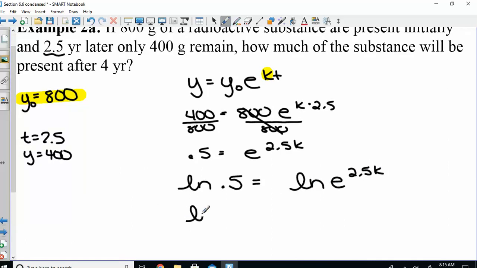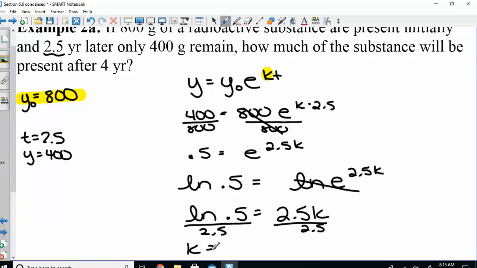Okay, so we have the natural log of 0.5. We know the natural log of e cancels. So divide by 2.5. And K is negative 0.2773.